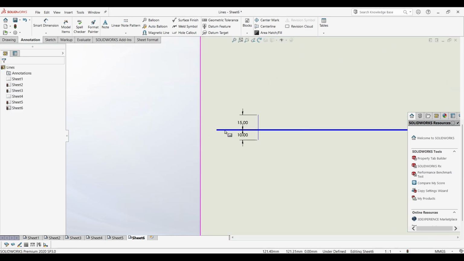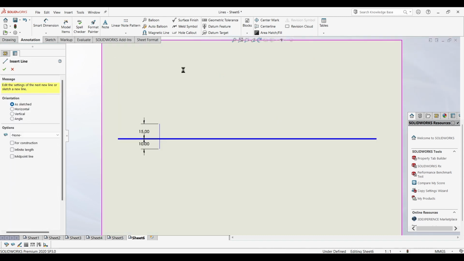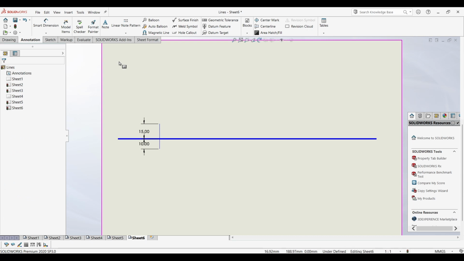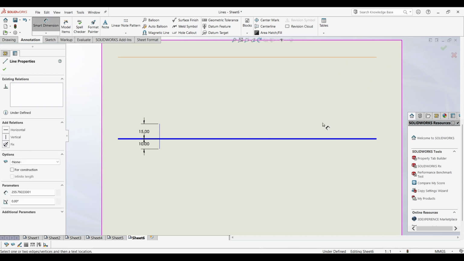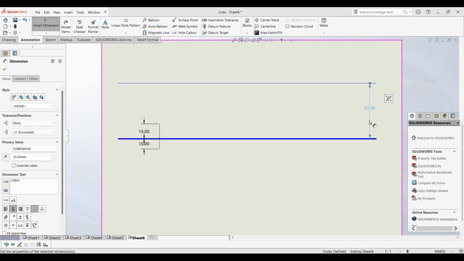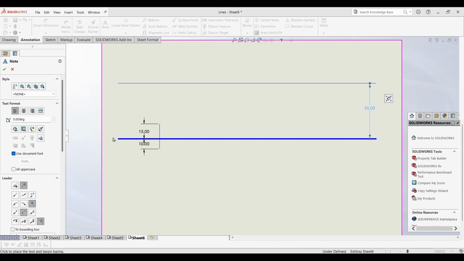So after this, what we have to do is, as given in the question, B is 55 mm above the XY line. So we draw a line, and this line is 55 mm above the XY line. So this is the XY line.